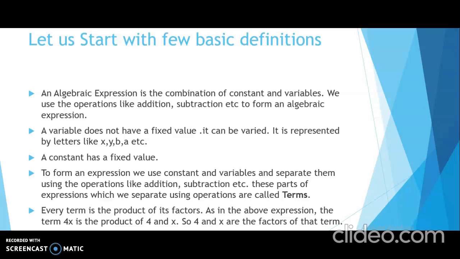So when we separate them using the operation, it is 4xy and 3ab. So 4xy is one term, 3ab is second term. So in the expression 4xy plus 3ab, how many terms do we have? We have two terms, 4xy and 3ab.